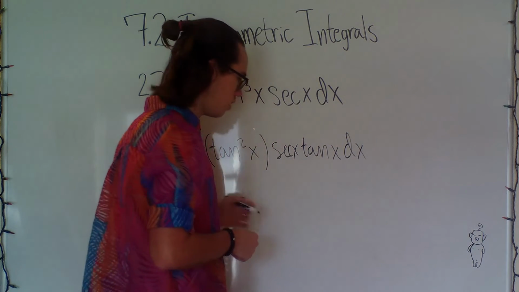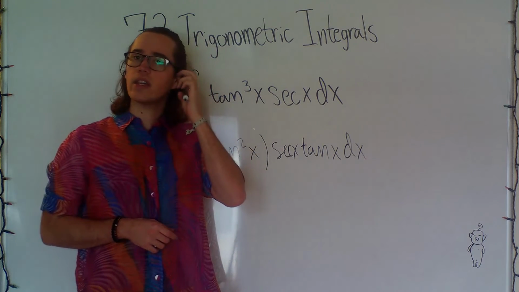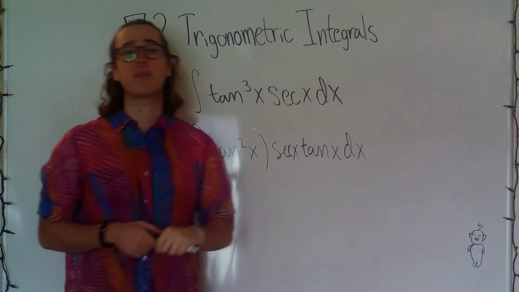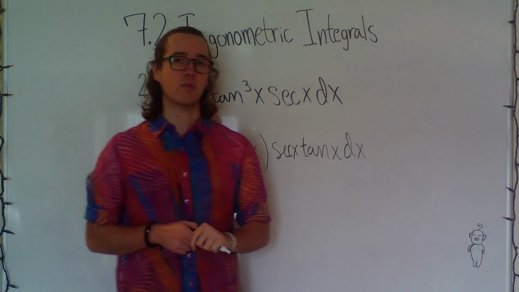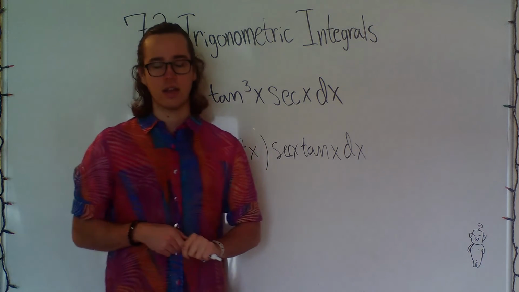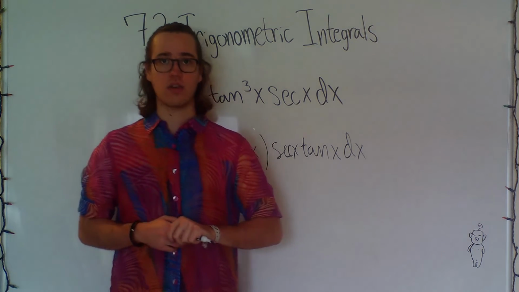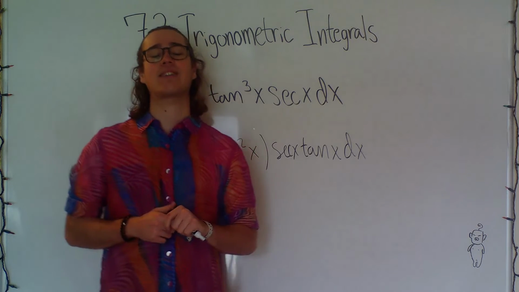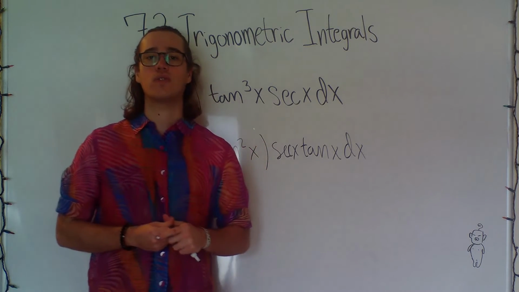And then, what do we do? Well, we know that sine squared plus cosine squared equals 1, so if we divide by cosine squared on all the sides, we get tangent squared x plus 1 is equal to secant squared x.